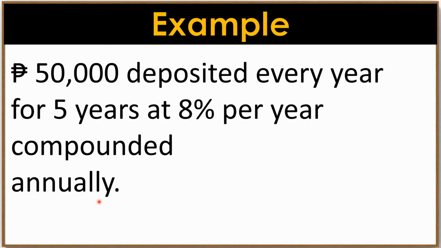So, as you see, every year, this is the payment interval period. Okay? Yearly. And our compounding period is also yearly or annually. That is why this is simple annuity. So here, the given are 50,000, 8%, 5 years.